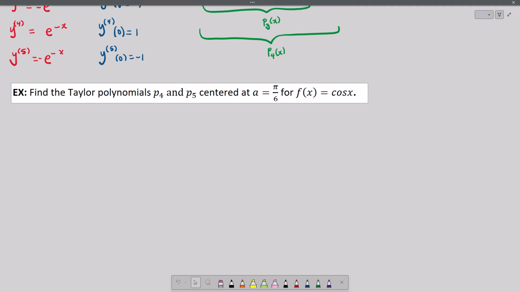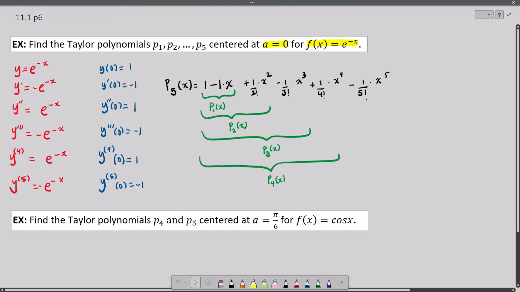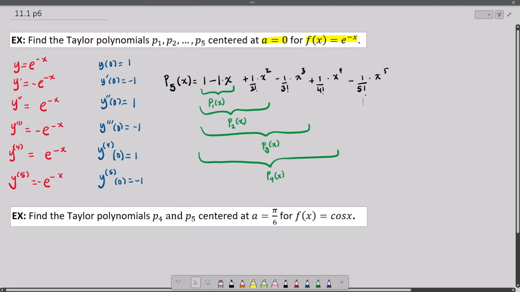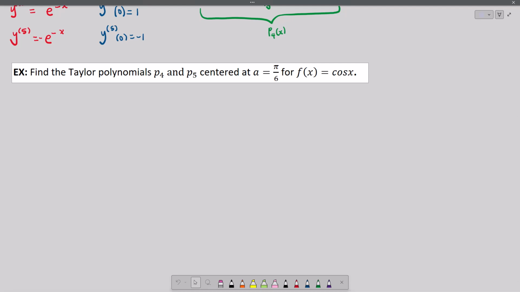And what we are going to see is that when we build these Taylor polynomials, this one we built at 0. This one we're going to build at pi over 6. And what we are going to see as we go through some of the stuff today is that if our center is not 0, this really is the only way to build the polynomials with this derivative process.